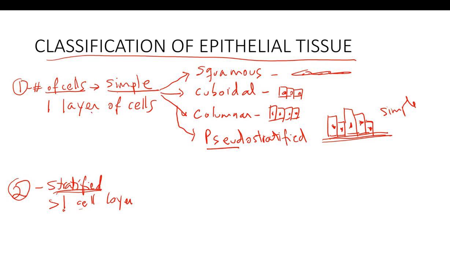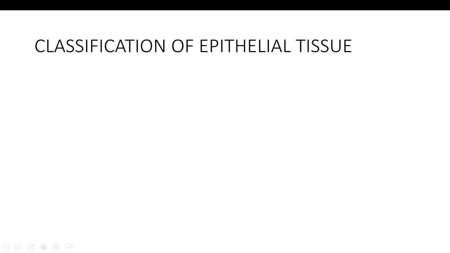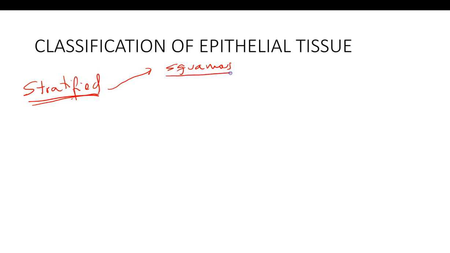Stratified epithelial tissue, I'm going to put it here, stratified. We're actually going to have two types that we're going to look at. The cells could be squamous cells, in which case it will be a stratified squamous. Stratified epithelial tissue looks at the cells on top of the tissue, not below the tissue.